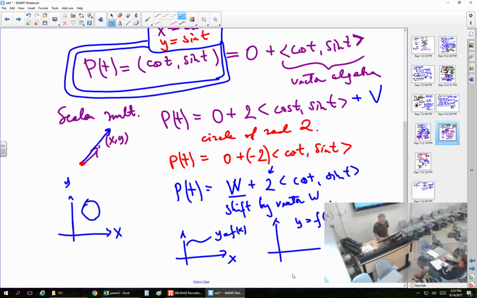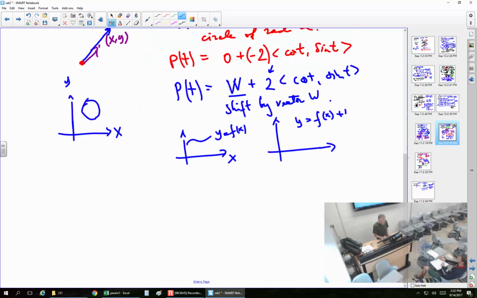You remember what happens to the graph? If you add 1, it goes up by 1. So the graph is intact and has been shifted by 1 unit. You can have shifts in any direction because there are many directions.